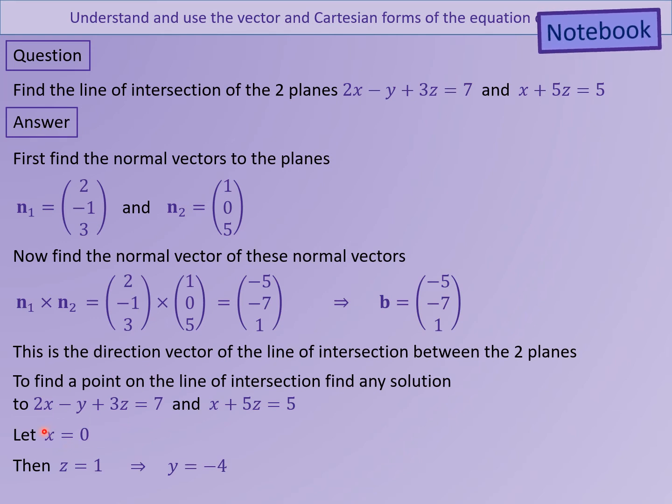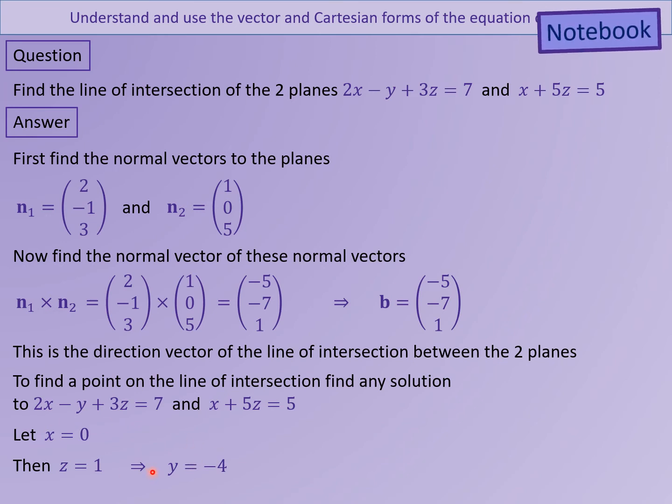If you choose, let's say, x equals 0 and it doesn't work out nicely, maybe you've got two equations that don't really work, then you could just change it to a different letter, for example, y equals 0. If I've made y equal 0, you end up with two equations with x and z in. You can solve them simultaneously.